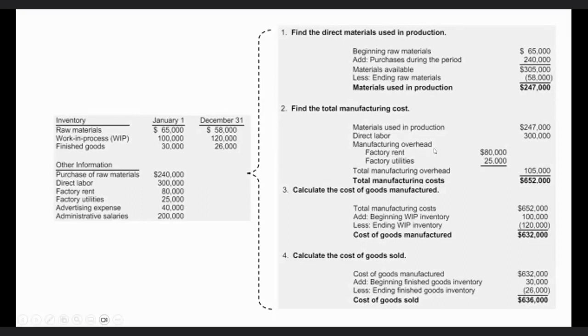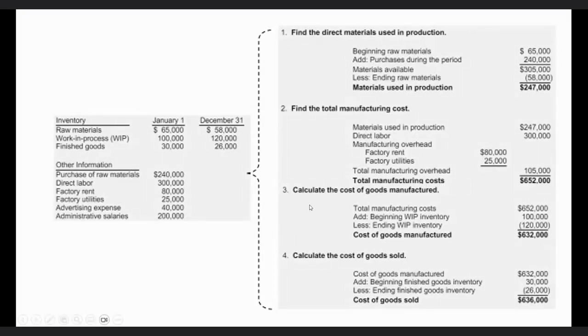Manufacturing overhead will include factory rent and factory utilities. And then we will get the total manufacturing overhead. And we take materials used in production, add direct labor, add total manufacturing overhead to get the total manufacturing cost.